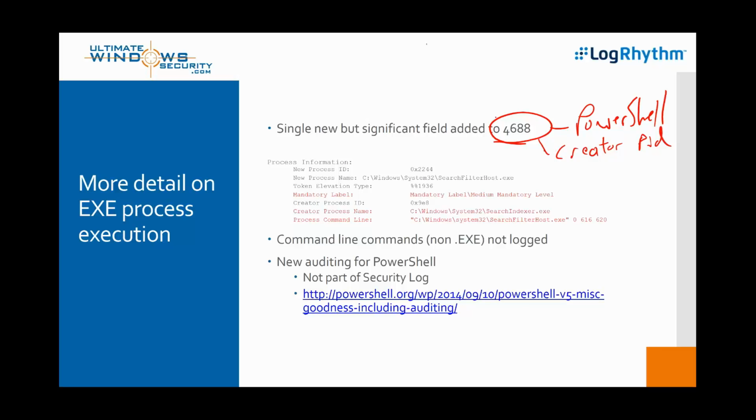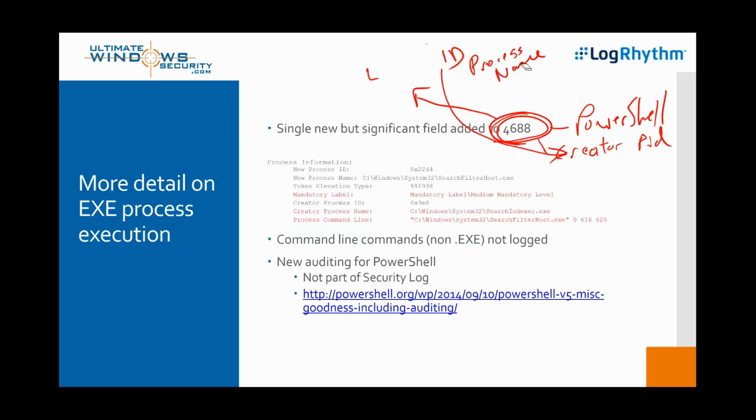Then we'd go back in time looking through the log, looking for another 4688 where its PID, process ID, was the creator process ID from the first occurrence of 4688. And at that point, we would have the process name of whatever program started PowerShell.